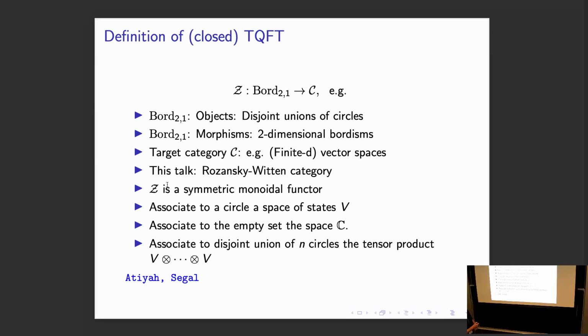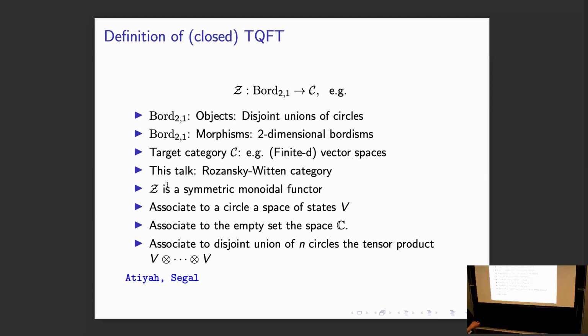So the objects in the two-dimensional case would be circles or disjoint unions of circles, the morphisms two-dimensional bordisms between them. Then there's a target category that in most traditional applications is finite-dimensional vector spaces, but that I would like to replace by some Rozansky-Witten category in my talk.